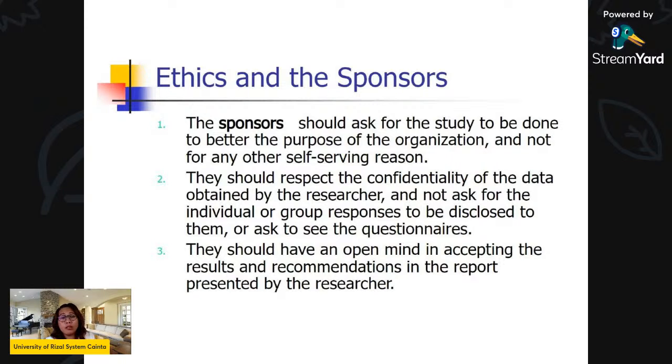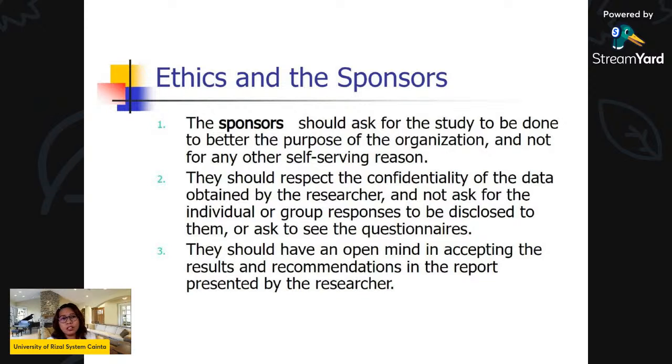Like for example, merong nagbigay ng negative response. So, hindi nyo pwedeng ipaalam sa inyong sponsor kung sino yung nag-provide ng response na yun, o sino yung nagsabi ng gano'n. Okay? So, they should be open-minded in accepting the results and recommendations in the report presented by the researcher.